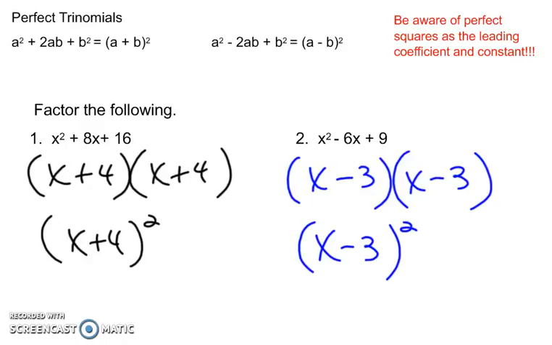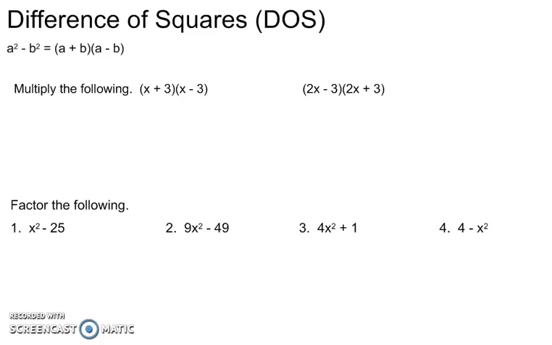So now let's take a look at our difference of squares. If you have a difference, meaning it's a subtraction symbol in between two squares, it's going to factor to a plus b times a minus b. So first, let's look at it from if we already know the factors and we want the product so that we can see what that'll look like.